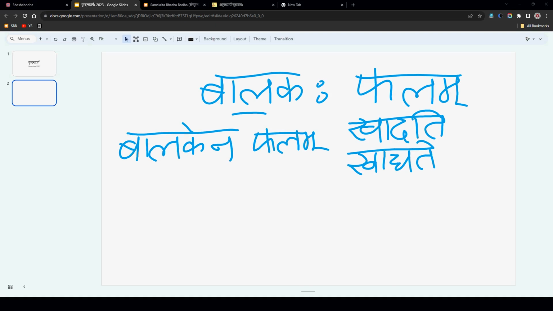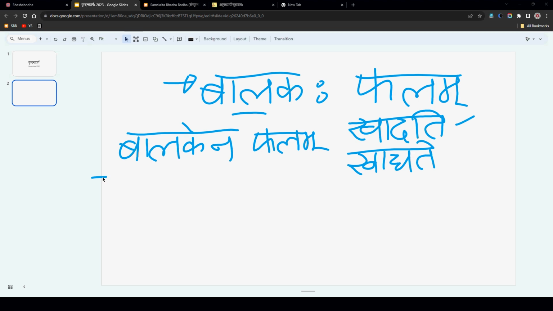This is a Vartamana Kala lakara. That means in the kartari it means the boy is eating a fruit, and in karmani it means a fruit is being eaten by a boy. This is a simple Vartamana Kala kartari and karmani.